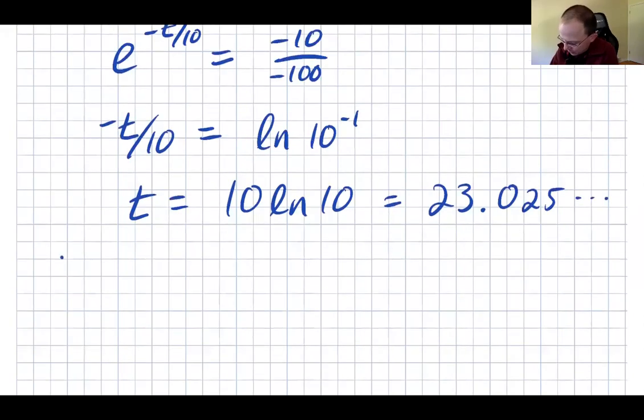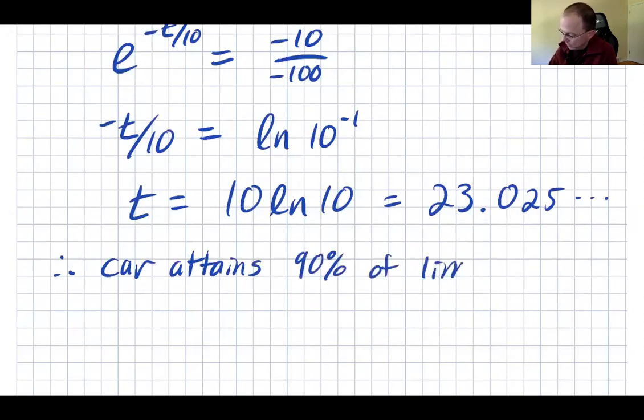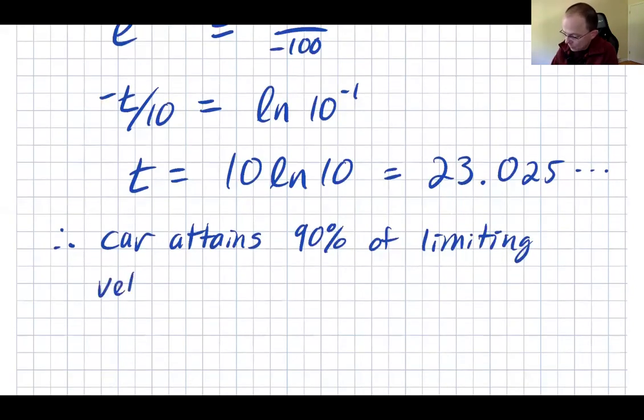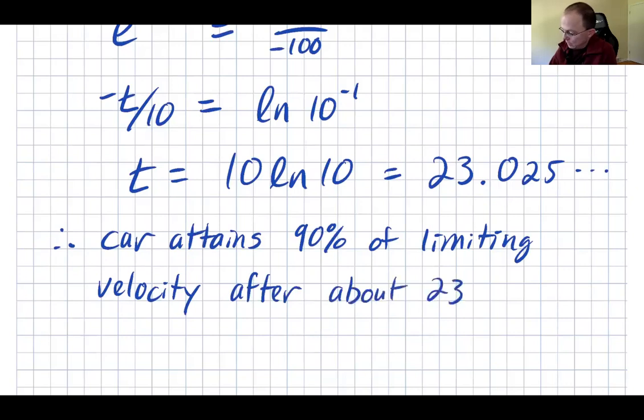So therefore the car attains 90% of limiting velocity after about 23 seconds. All right, perfect.